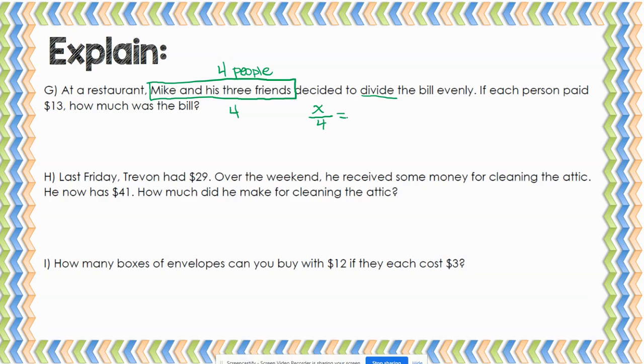And when I divided it into 4 equal pieces, each person paid $13. So the equation that can solve this is x over 4 equals 13. Since this is a dividing problem, I'm going to use the inverse, which is multiplying by 4 on both sides to get rid of it. These will cancel to leave me with x equals, then 13 times 4 is 52. Well, this means that the total bill was $52.